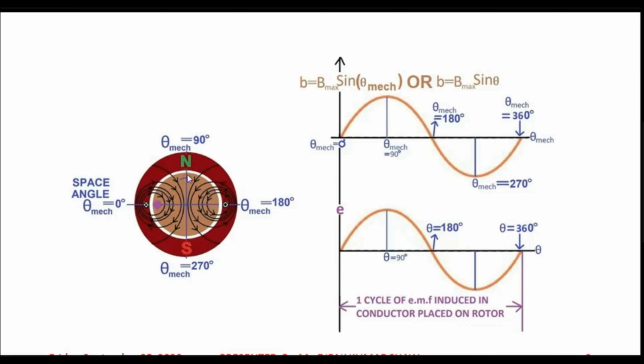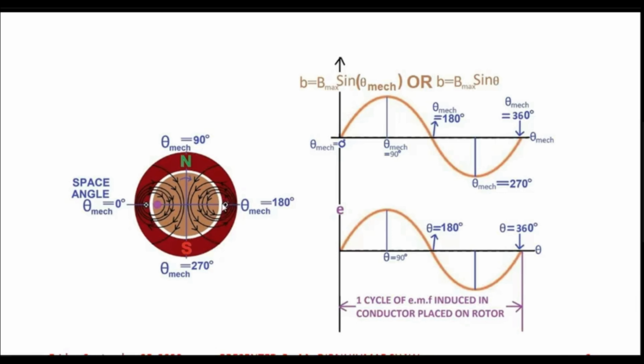That means theta mechanical is 90 degree here. Now you will find that most of the magnetic lines of flux are directed along this particular point. So this is the point where the magnetic flux density is maximum.